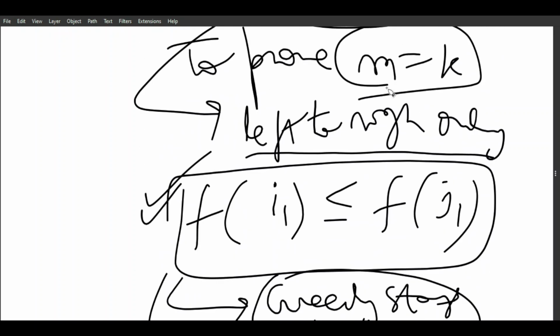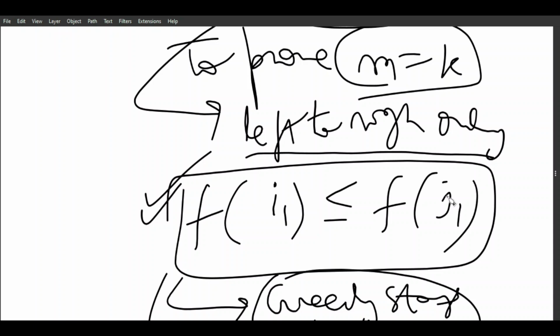The basis is very simple. What is the design of our greedy algorithm? Choose the interval with the smallest finish time. So F of I1 is the smallest possible among all other values, in particular F of J1. Very simple idea. This is for the first interval.